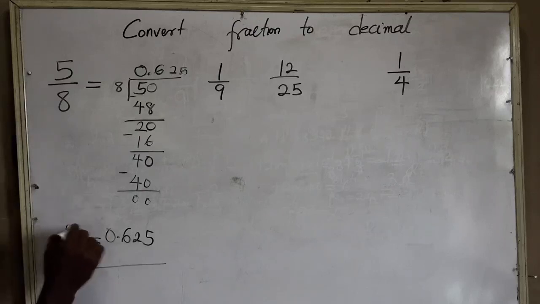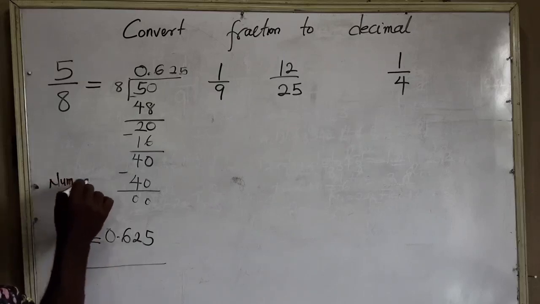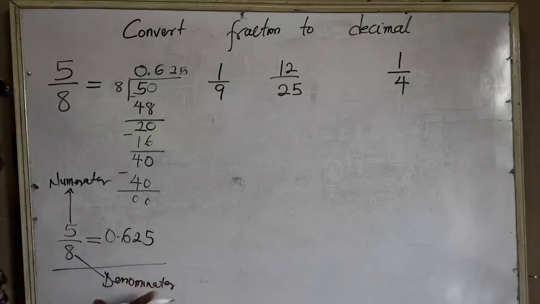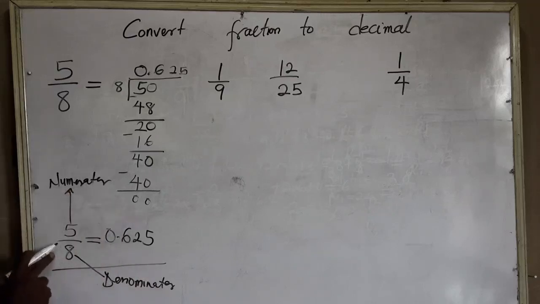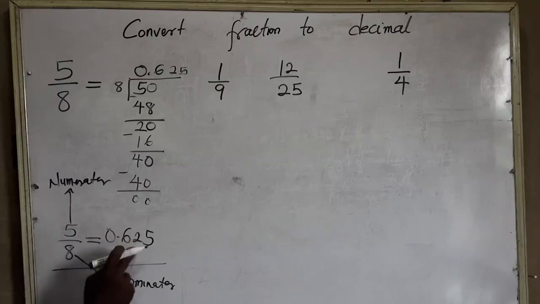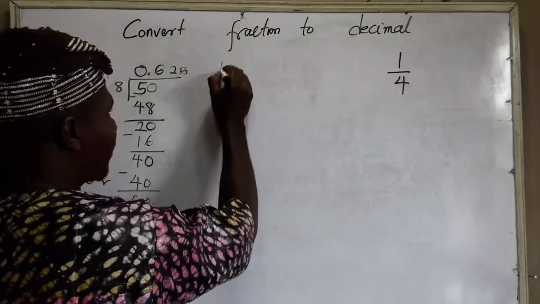We call this the numerator and this the denominator. The numerator and denominator form a fraction, and this is how the fraction turns to a decimal number. So 5 over 8 can be written as 0.625.